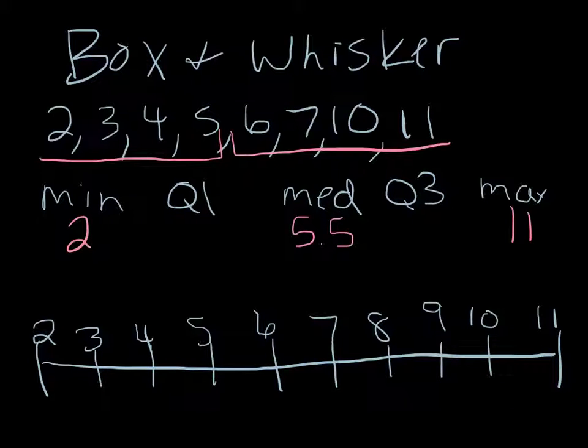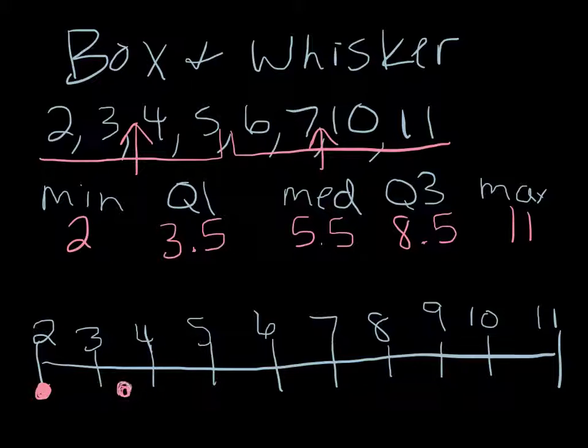The median of your lower half is going to be between 3 and 4, which is 3.5. And of your upper half, which is between 7 and 10, gives you 8.5. Remember, an easy way to find that is just 7 plus 10, which is 17, divided by 2, which is 8.5.